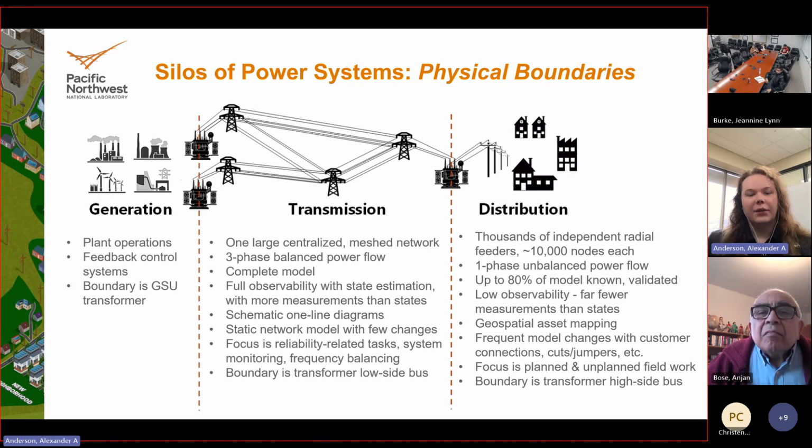When we start looking into some of the specifics, we see differences in the representations and also in the types of measurement data and observability, where in transmission, it's one large centralized three-phase balanced model with high observability. In distribution, we have thousands of independent single-phase, two-phase, three-phase feeders with very little measurement data coming in through traditional means and very rapid system changes that are only becoming more rapid through decarbonization and the proliferation of grid edge technologies.